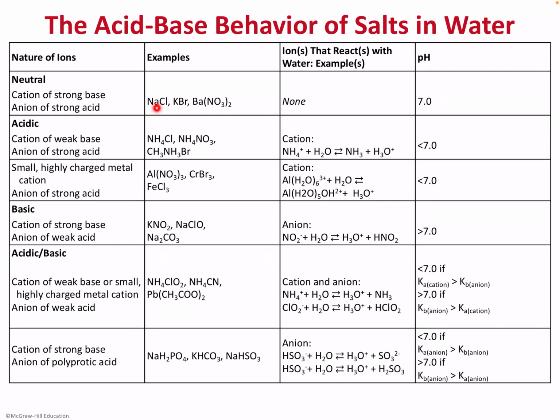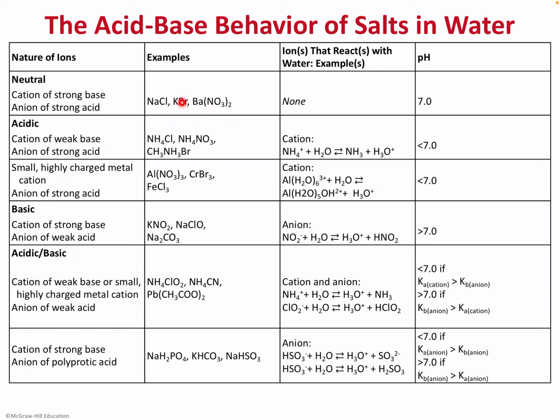For example, sodium chloride, potassium bromide, barium nitrate. Sodium, potassium, barium are all cations of strong bases. Chloride, bromide, nitrate are all anions of strong acids. Chloride comes from hydrochloric acid, a strong acid, bromide from HBr, a strong acid, nitrate from HNO3, a strong acid.